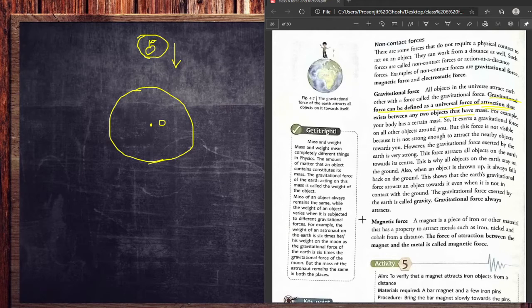In magnetic force, as I told you, you can also write that there are attraction as well as repulsion forces present. So what is the difference between magnetic force and gravitational force? Gravitational force has only attraction, but magnetic force has both attraction and repulsion. This is the basic difference between them.